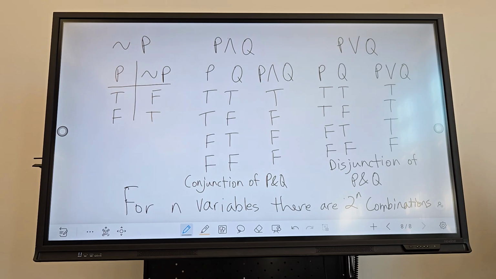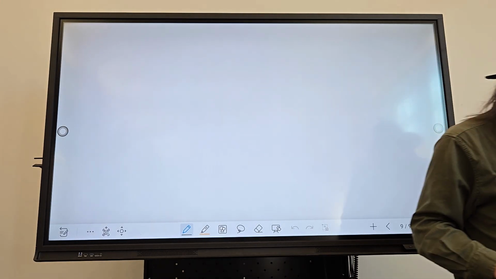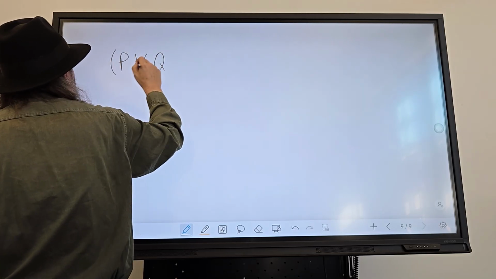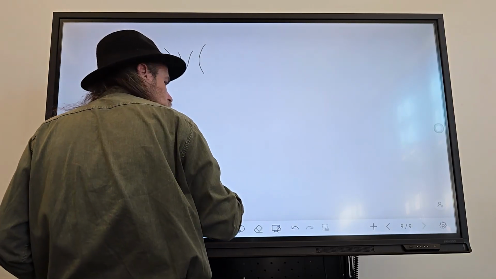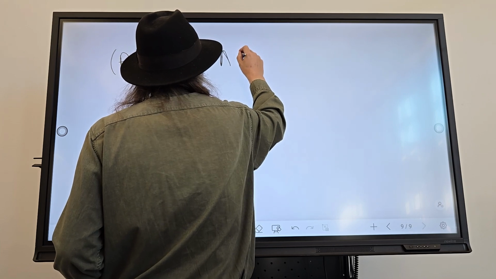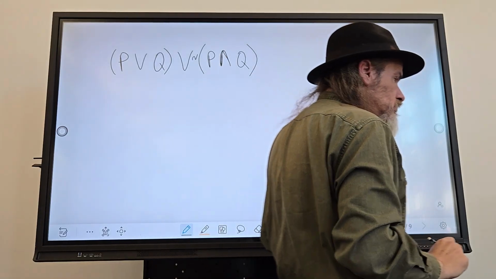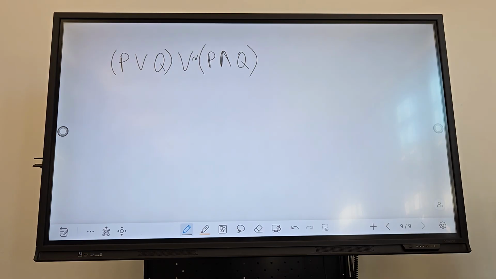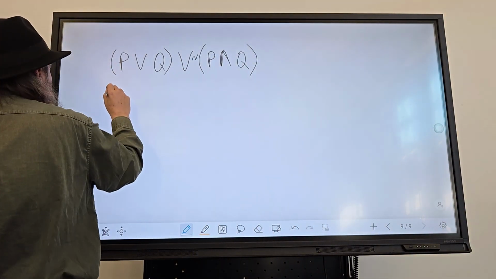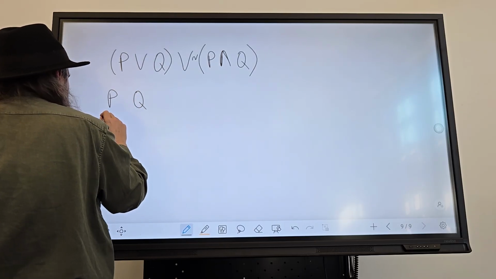Let's see here. Let's do an example. Evaluate the truth table for the following expression: P or Q, and not P and Q. So you would make a truth table with P and Q as the first two columns. True, true.